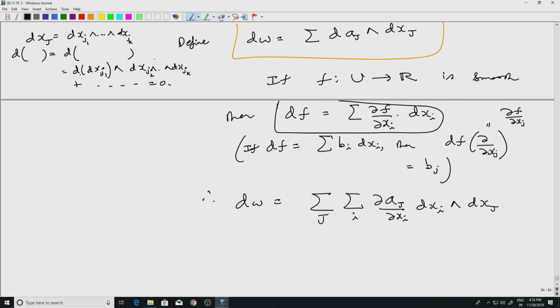So let me remove these two summations and just put summation over i comma j of this thing here.